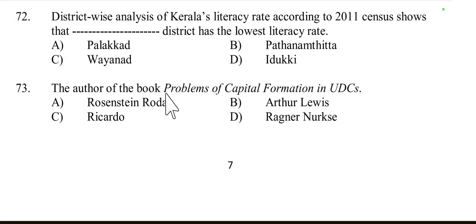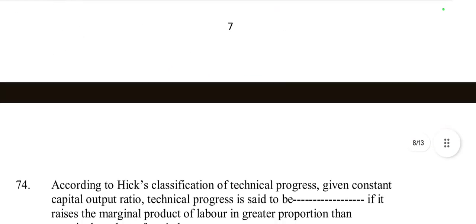73, the author of the book Problems of Capital Formation in Underdeveloped Countries is Ragnar Nurkse, option D. This book highlights saving, investment and development constraints in underdeveloped countries.